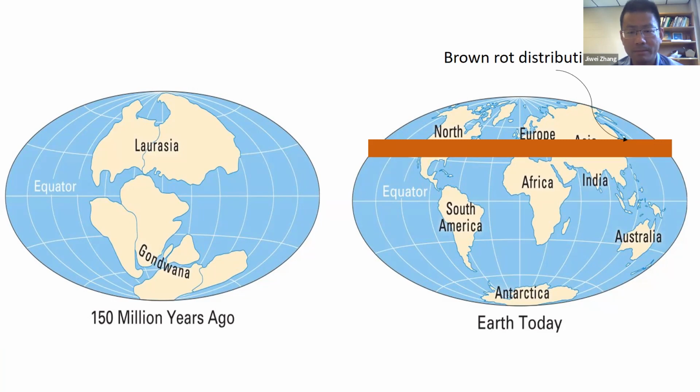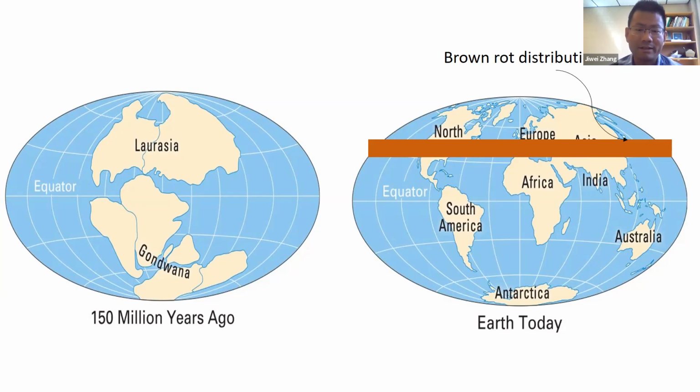It's very interesting because usually you only find brown rot fungi in the northern part, I think north of 35 degrees, but not in the tropical areas. In the tropical areas, you find almost all wood decay fungi are white rotters. So that's kind of another mystery.